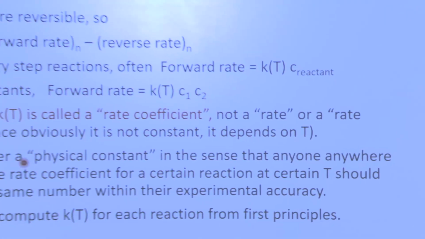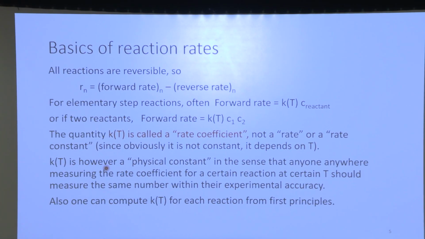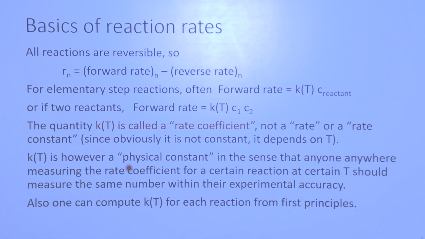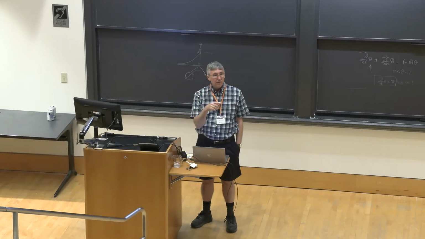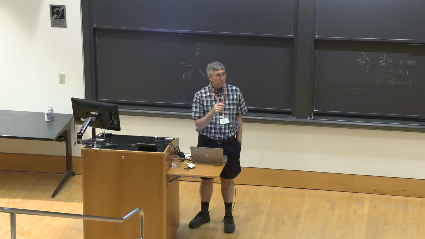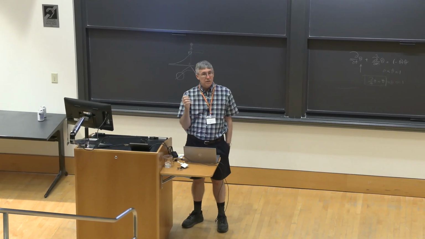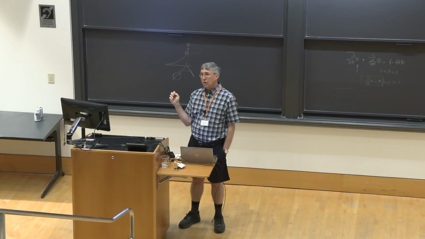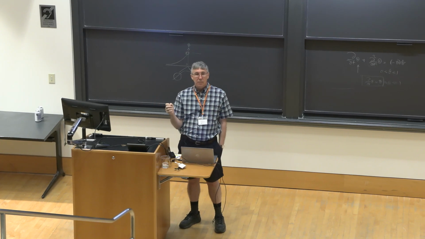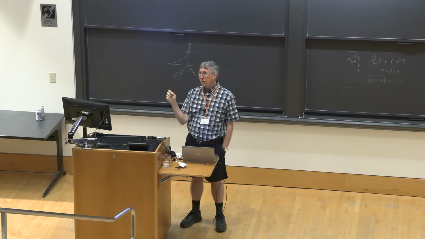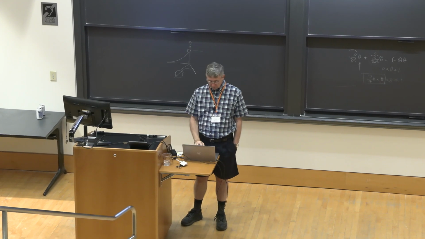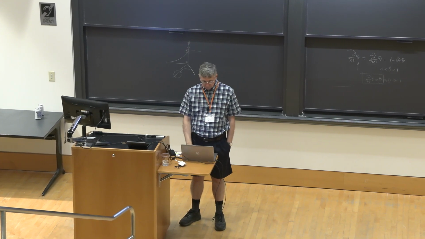But it is a physical constant in the sense that at that temperature, anybody who measures that reaction will always measure the same K. They're measuring the same physical quantity. And in fact, it's a quantity you can predict from first principles calculations. So it's not a purely empirical thing. It's really fundamentally based. We know what it really is. It's just kind of complicated to calculate. But we'll talk about how to do it.